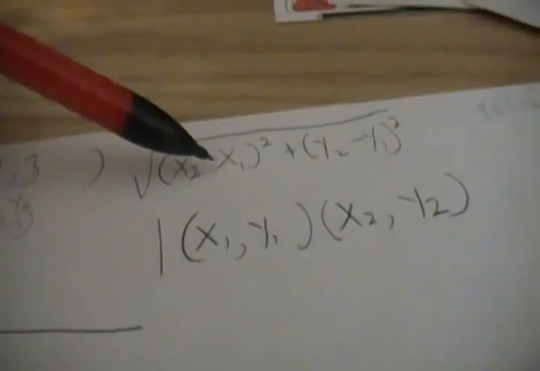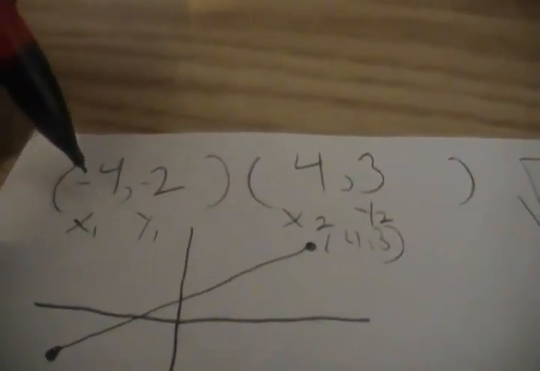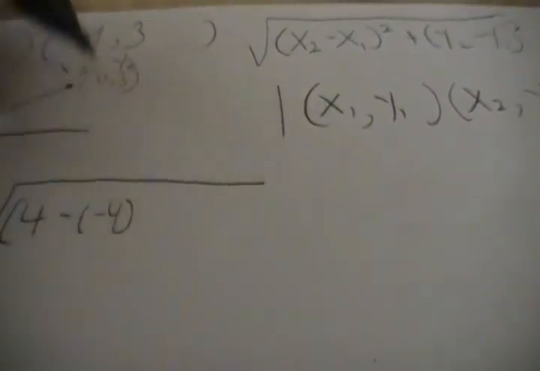So the formula goes x2 minus x1. So x2 is 4, minus x1 is -4. So it's going to be 4 minus -4.